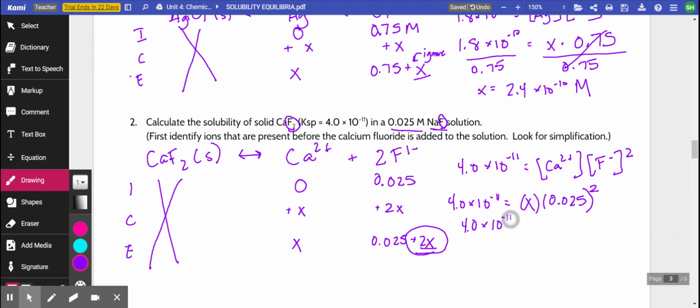4.0 times 10 to the negative 11th is equal to, now I need to square the 0.025, so you get 6.25 times 10 to the negative 4th times x. Divide by 6.25 times 10 to the negative 4th to solve for x.